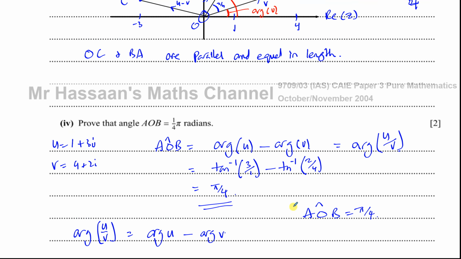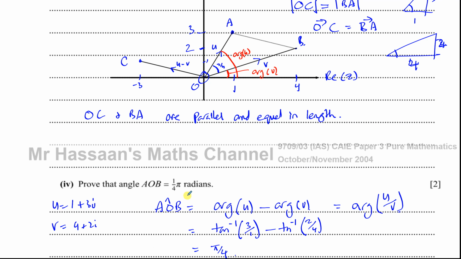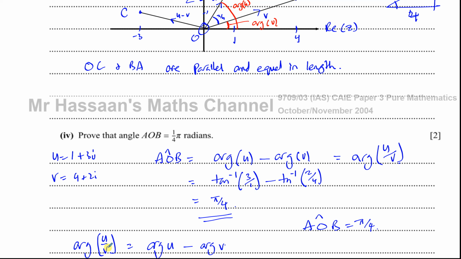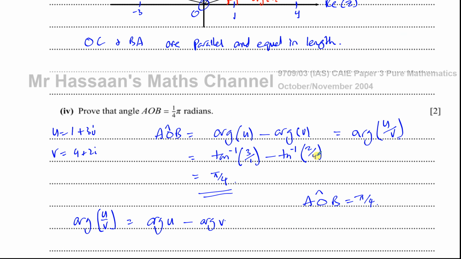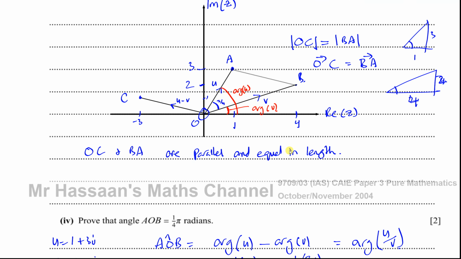Because the argument of u over v was pi over 4, and the argument of u minus the argument of v is also pi over 4, as we can see from this diagram. So there's the answer to question number 4.